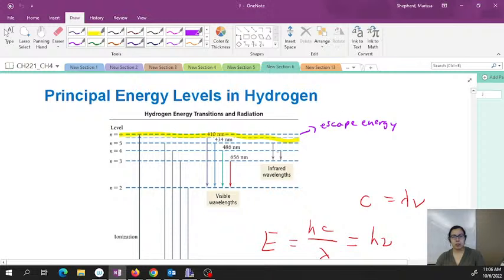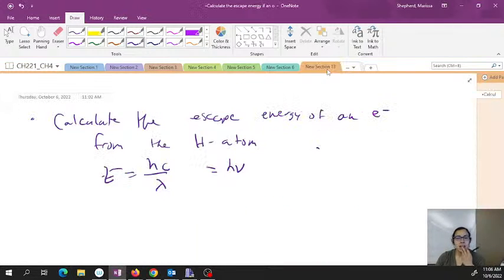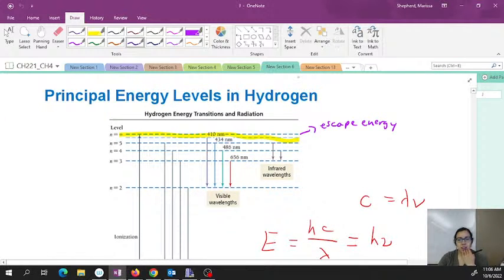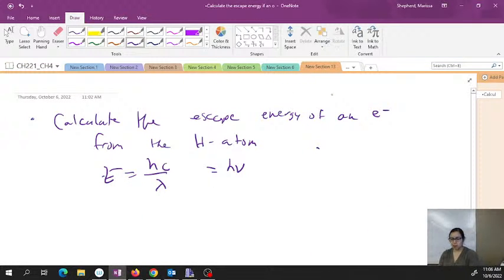So remember when I was talking about these energy levels, right? And they just kind of keep going and going and going. But then eventually if you get to n equals infinity, that's going to be considered your electron popping off and flying away. And so anytime you see this escape energy, it's kind of a fancy signal for you to use.